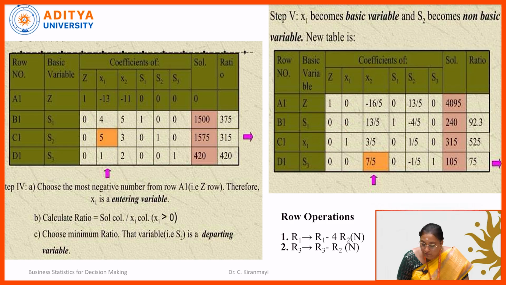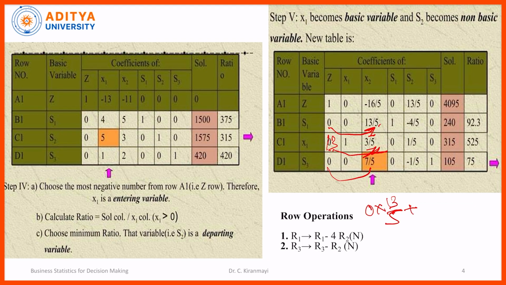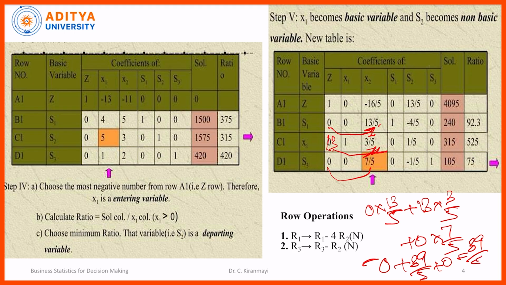And after that, for x2 also we have to perform the net evaluation. How can we find it? The elements in the x2 column must be multiplied with the values of the basic variables: 0 into 13 by 5 plus 13 into 3 by 5 plus 0 into 7 by 5. 13 into 3 by 5 is going to be 39 by 5, and the others are 0, so the ultimate value is 39 by 5.